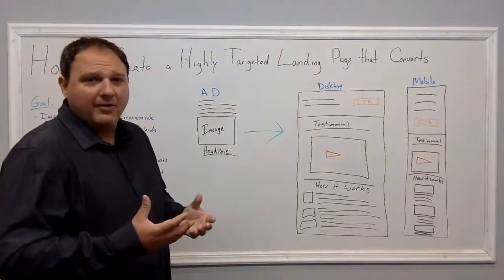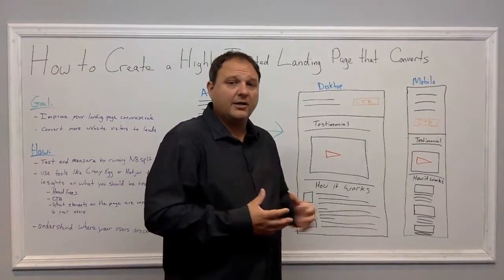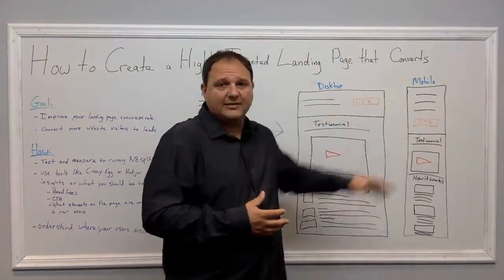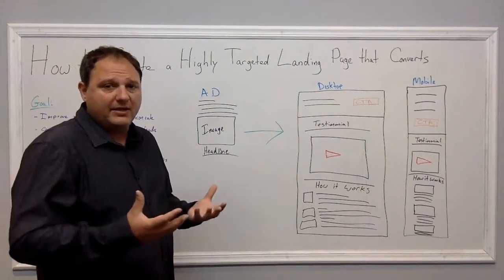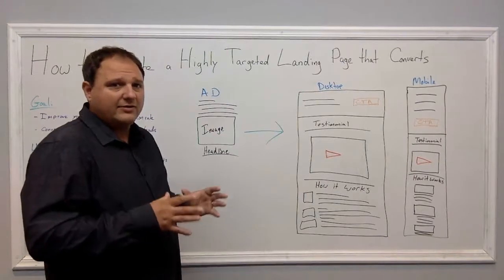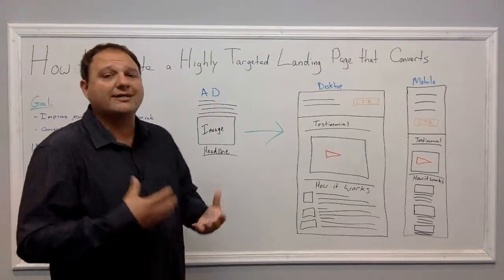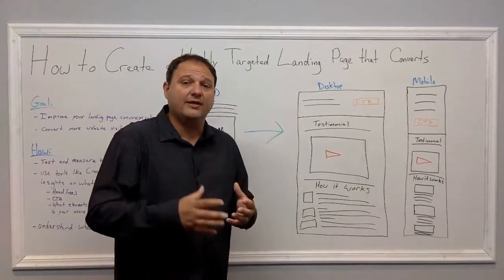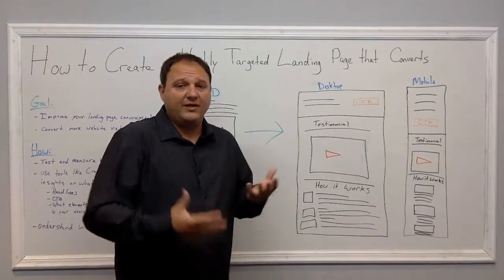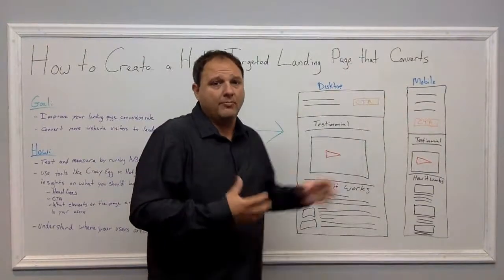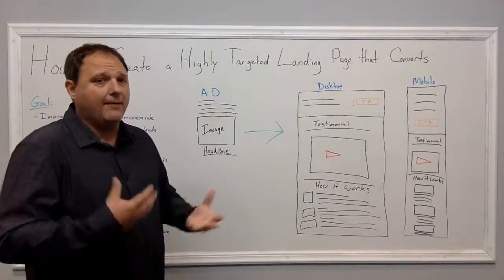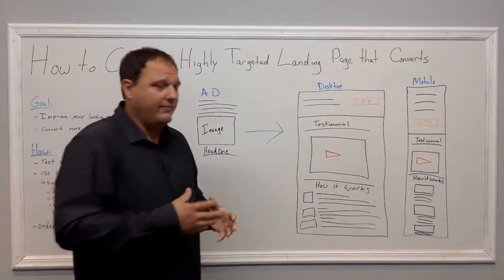I would say probably 90% of people on Facebook are coming from mobile devices, but Google AdWords or other campaigns could be different. Either way, you need to understand this because that's how you're going to set up these A/B split tests. If you're running 50-50, make sure you're testing both desktop and mobile because the variations are going to be different, and how people engage with the page is going to be different.